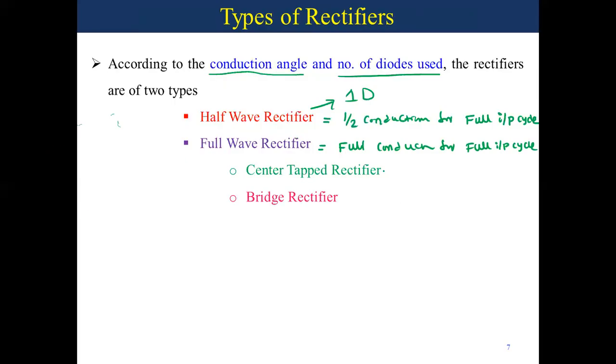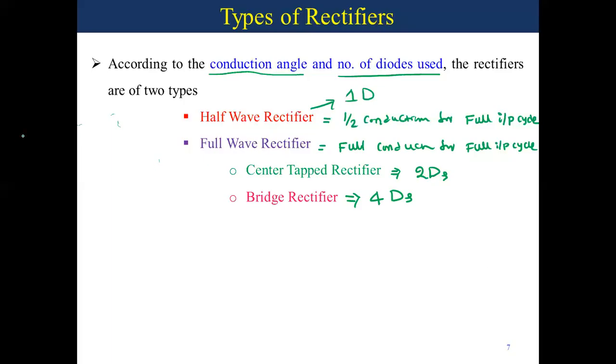In the center tapped full wave rectifier, a center tapped transformer is used and two diodes are used. Whereas in the bridge rectifier, there is no need of any center tapped transformer, but four diodes are used. For these two rectifier circuits, there is full conduction for the full input cycle.